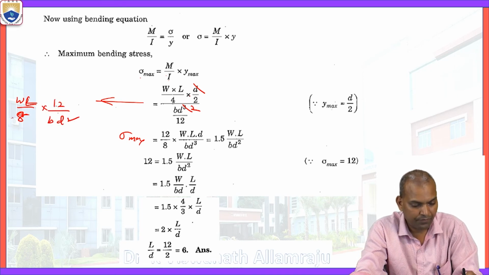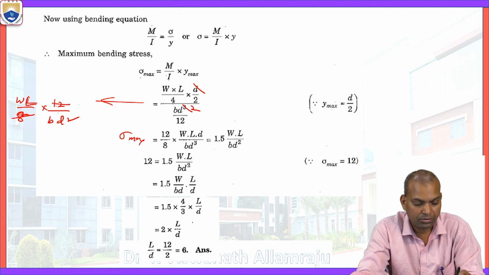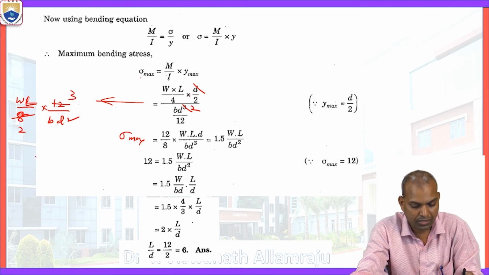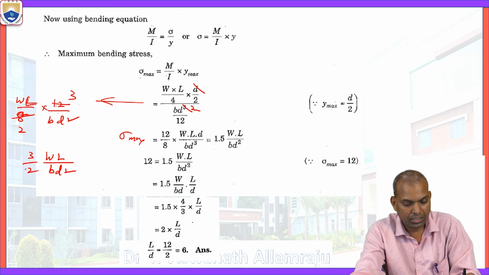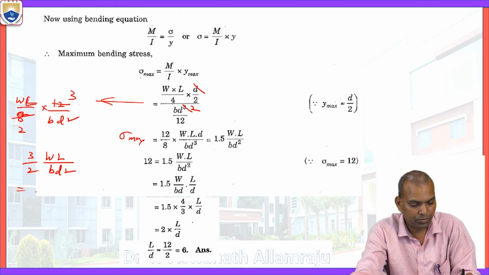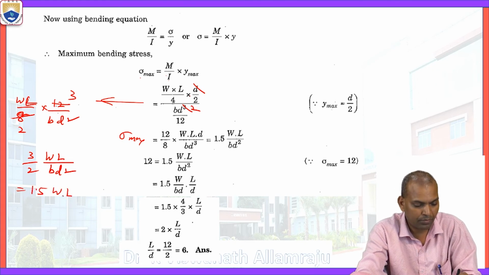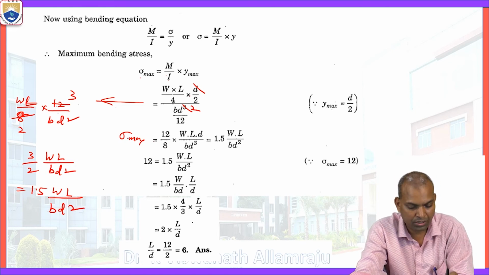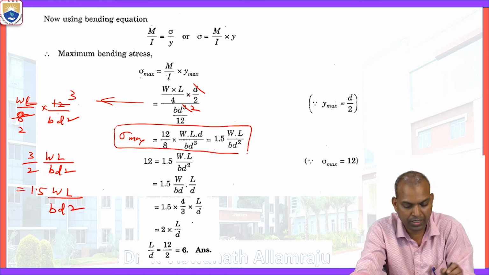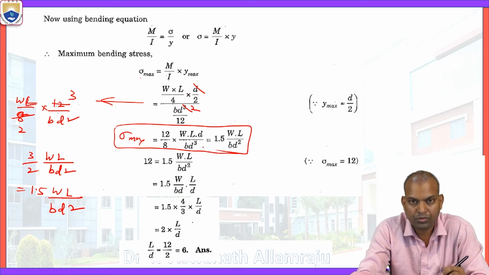This 8 again, 3 times 4, 2 times 4, that is 3 by 2 times WL by BD square, which is nothing but 1.5 times WL by BD square. That is the value we got: sigma maximum equals 1.5 times W into L by BD square.